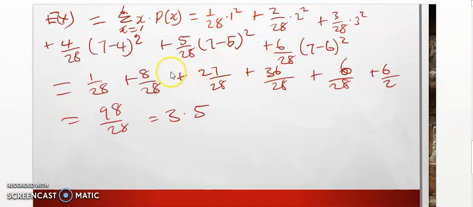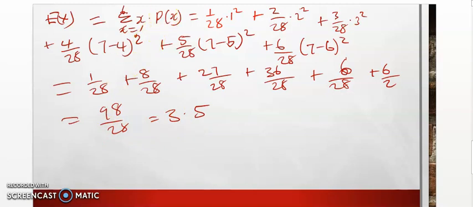It will simply be 1 over 28 multiplied by 1, plus we continue that way, 2 over 28 multiplied by 2. If we put all this together, we will simply have 98 over 28, which is equal to 3.5. Just put them in your calculator and you will find the solution.